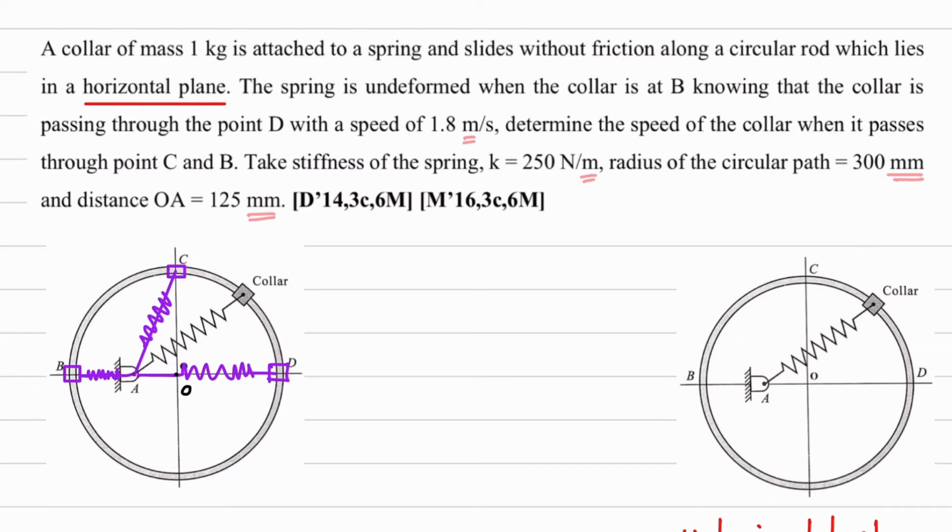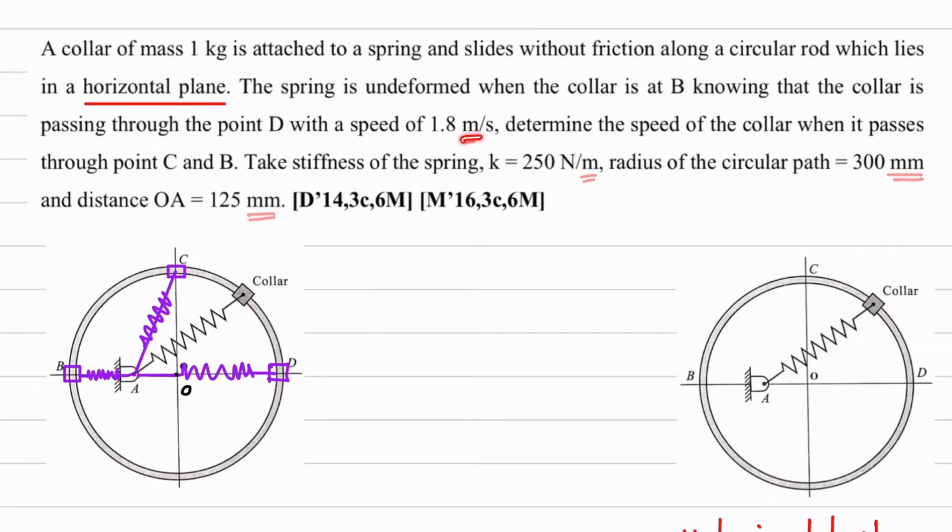This much we have read. Next, take the stiffness of the spring, K. The K value is given as 250 Newton per meter. The radius of the circular path is 300 mm, and the distance OA is given as 125 mm. Again, a very important part you should note: units.